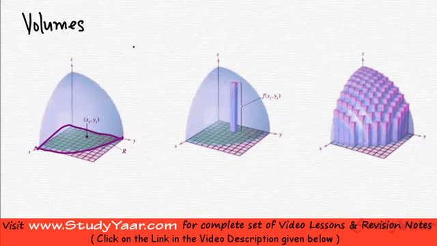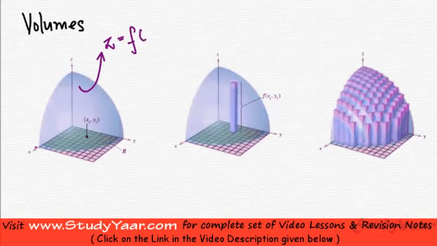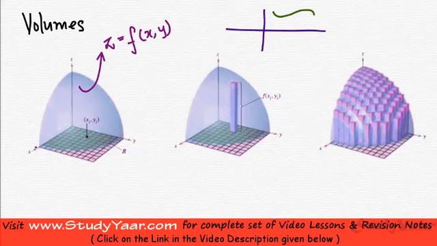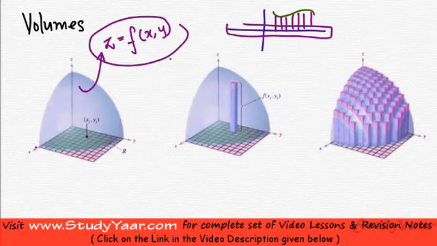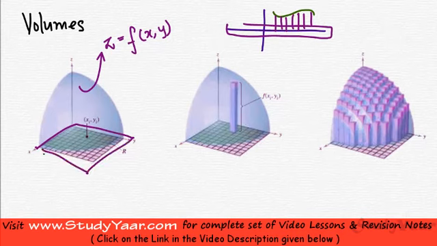Let us just suppose that the equation of this surface is given by z equal to some function of x comma y. Try to have an analogy here. Just like you calculate the area under the curve above the x-axis, over here we are calculating the volume under the surface above the xy plane.